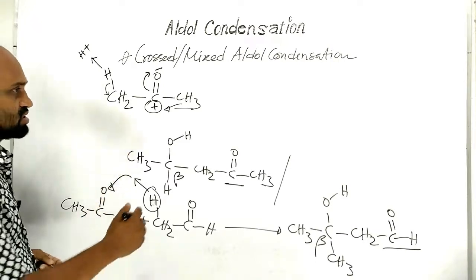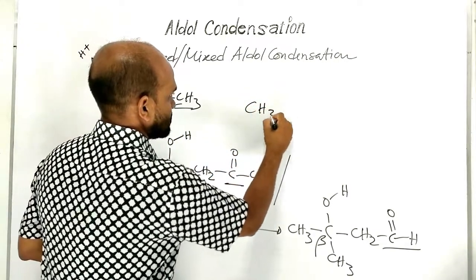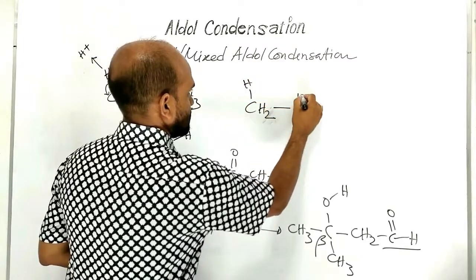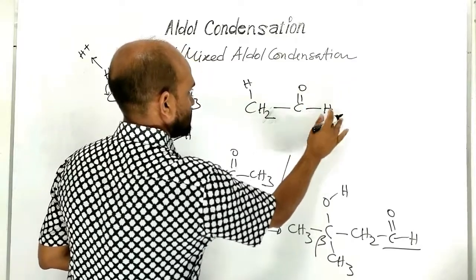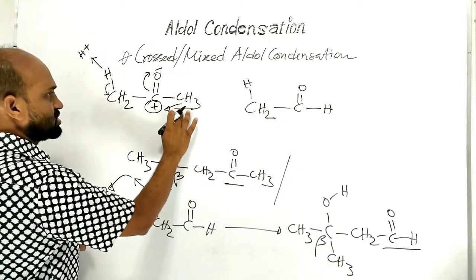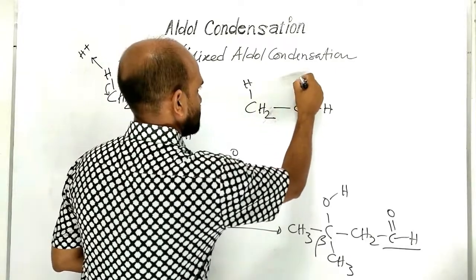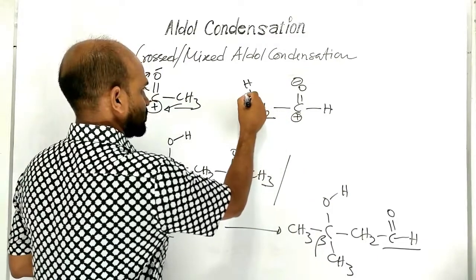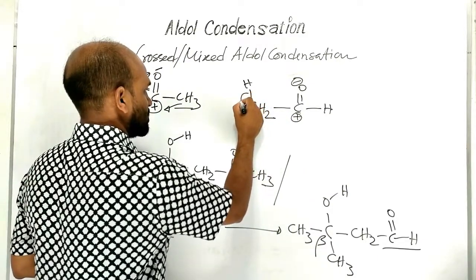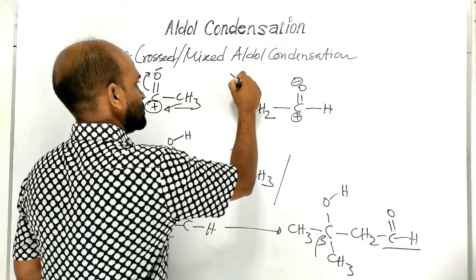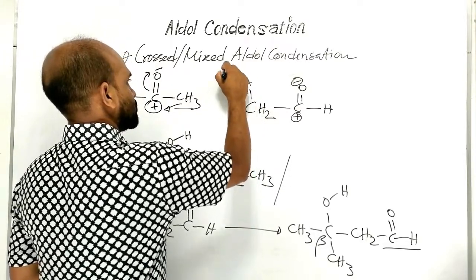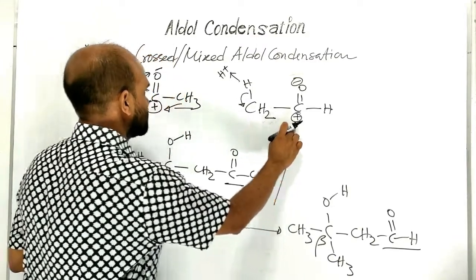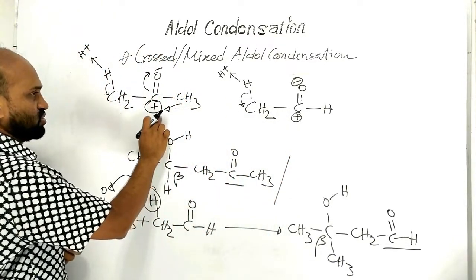That is why this positive charge density is decreased, and as a result this hydrogen is freed as a proton but laboriously. But in case of aldehyde, CH3, this is H, but here this is a methyl group. Oxygen becomes negatively charged, carbon becomes positively charged. Because of this positive charge, these covalently bonded electrons move here and this hydrogen is freed as a proton. Here the positive charge density is not decreased like in this ketone.